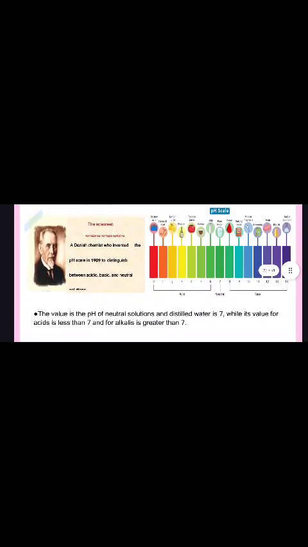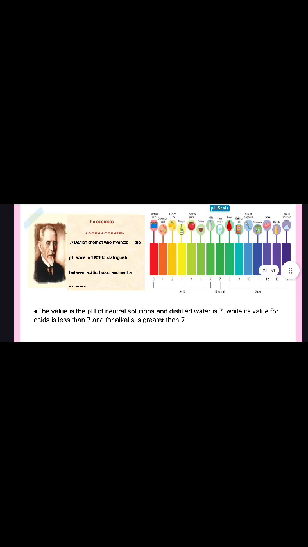As you can see in the scale in front of you, from 1 to 6 we're dealing with acidity levels, starting from the strongest acid reaching the weakest one. Then in the middle, at 7, you find only neutral materials like pure water. And from 8 to 14, that's the basicity level, starting from the weakest base or alkali, reaching the strongest one at 14 on the scale.